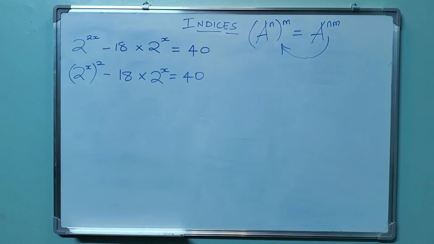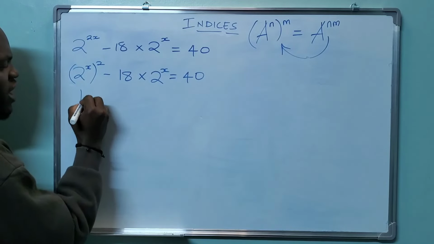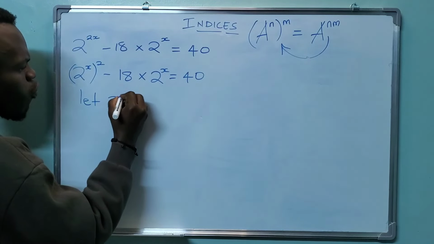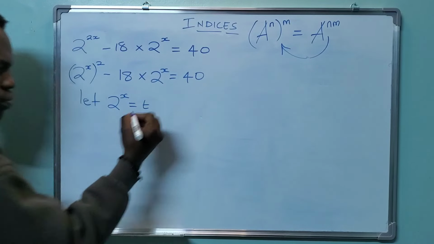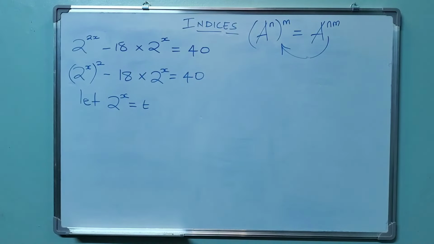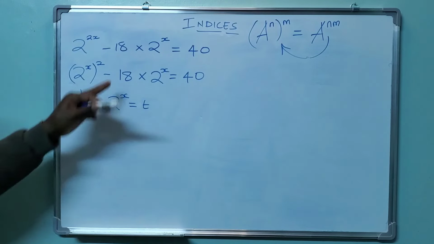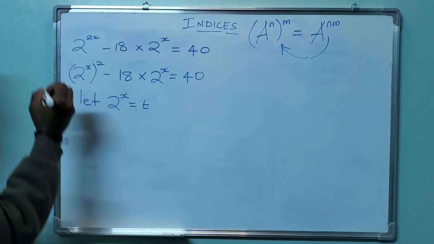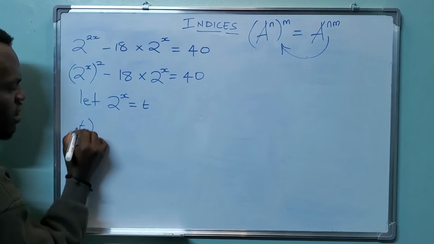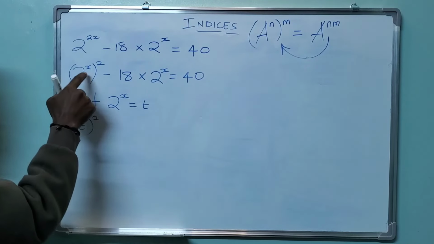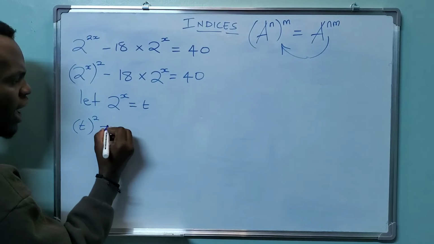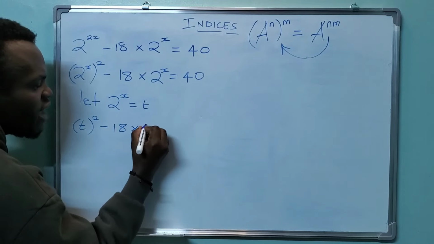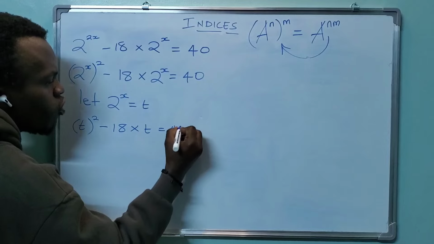So what am I going to do? Let me let 2 raised to power x be t. So where there is 2 raised to power x, I'm going to put t. So I'm going to have here t squared, that is t, and then that square, then minus 18 times t equals 40.